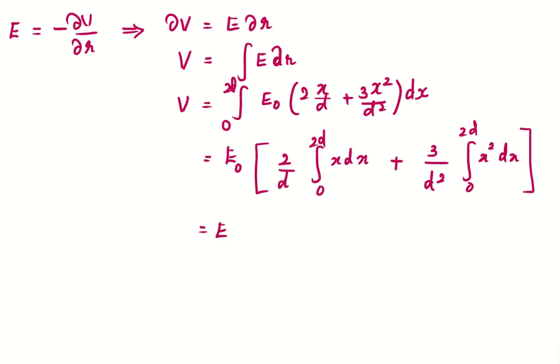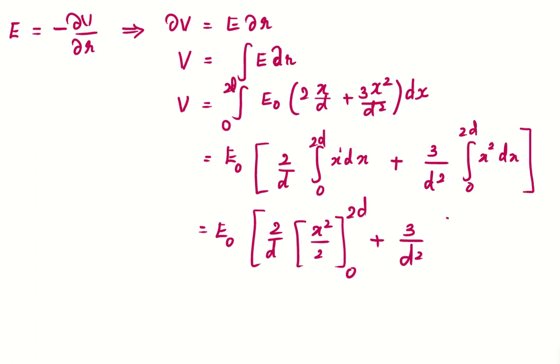Now if we do this, here E0, we have 2d. If you do this integration, we'll get x squared divided by 2, because the formula is x power n plus 1 divided by n plus 1. Here n is 1. So the limits are 0 to 2d, plus 3 divided by d squared, integration here x cube divided by 3, because n is equal to 2 here, so x power n plus 1 is 2 plus 1, 3, divided by 3.